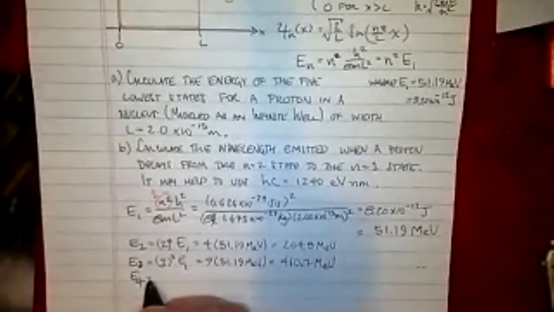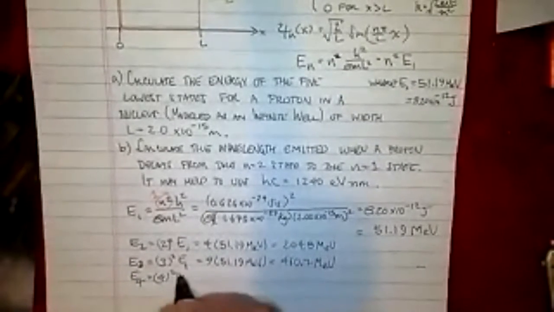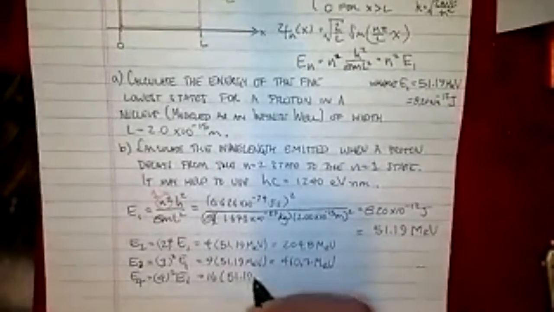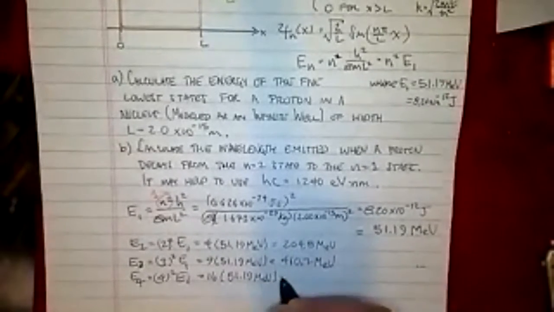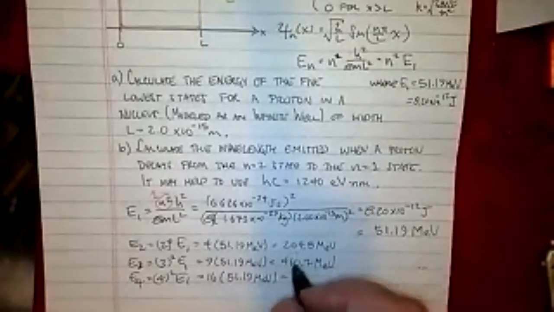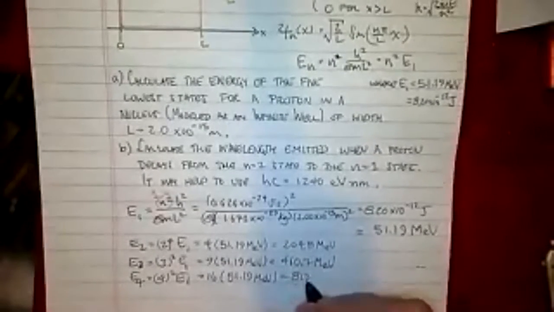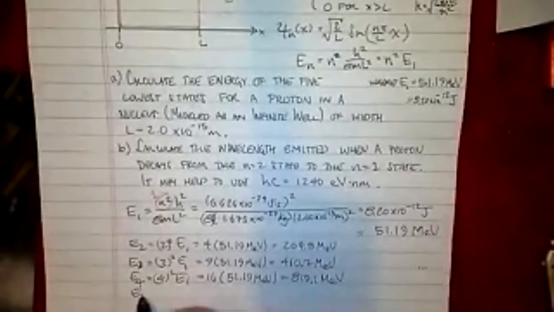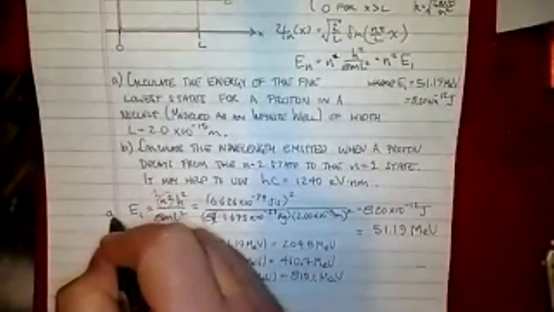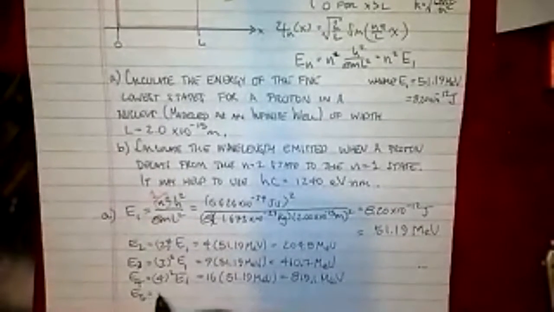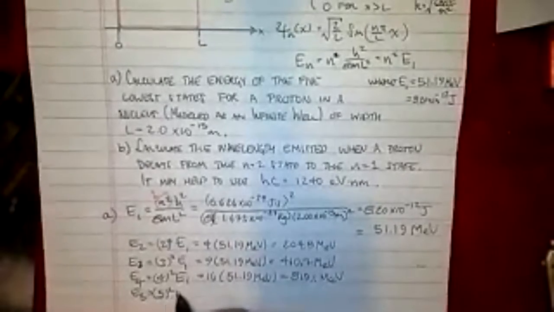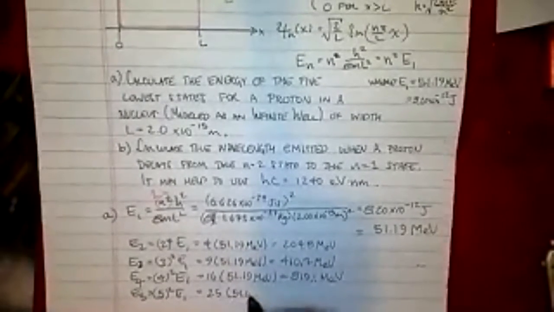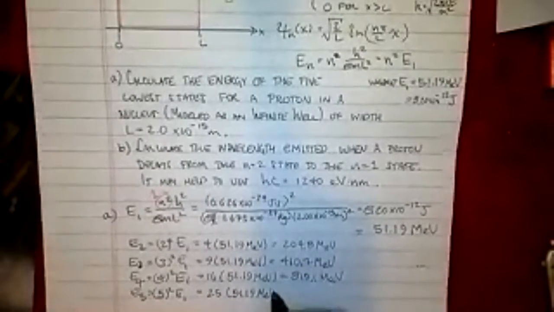E4 is equal to 4 squared times E1, which is 16 times 51.19 MeV, which gives me 819.1 MeV. And finally, the last one we're asked for, this is all part A, by the way, is E5, equal to 5 squared E1, which is 25 times 51.19 MeV.